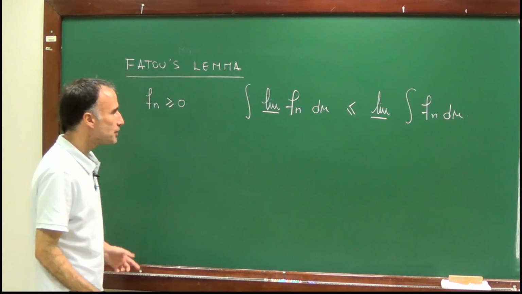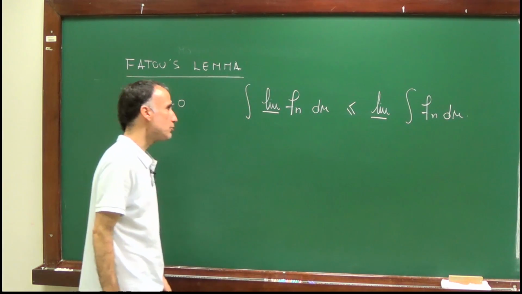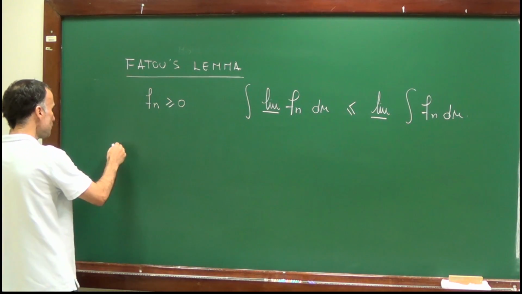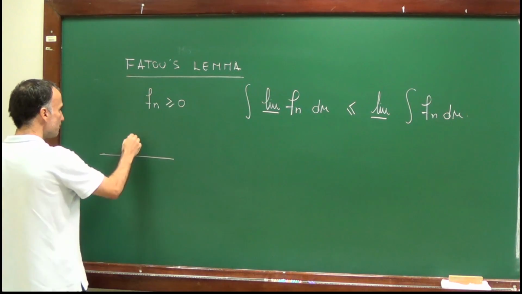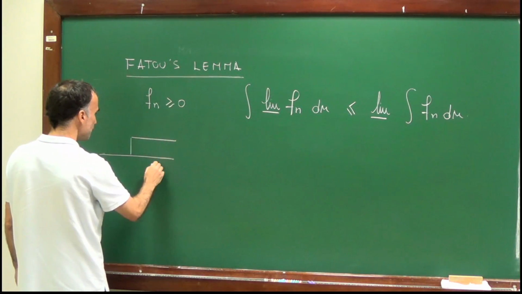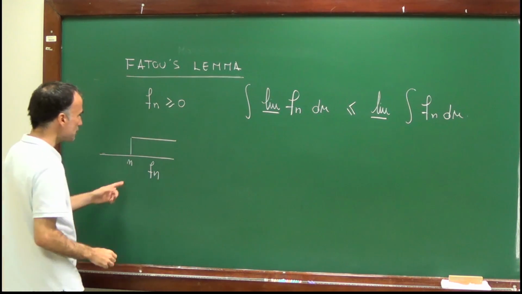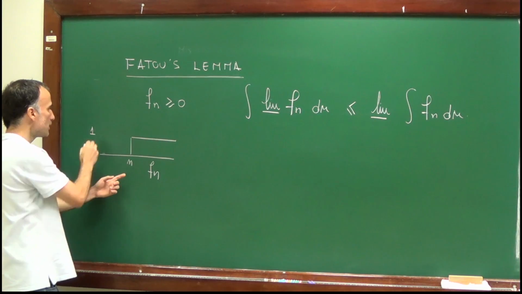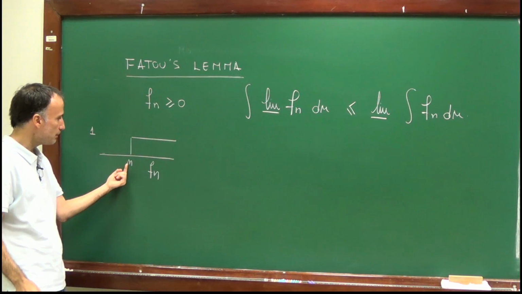And let me give you an example just to show that this inequality can be strict. That's a very simple example. You take the Lebesgue measure, and as function fn, you consider a function fn which is equal to 1, say, if the point is larger or equal than n.